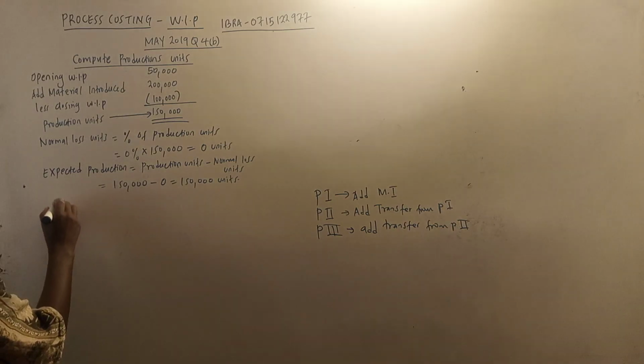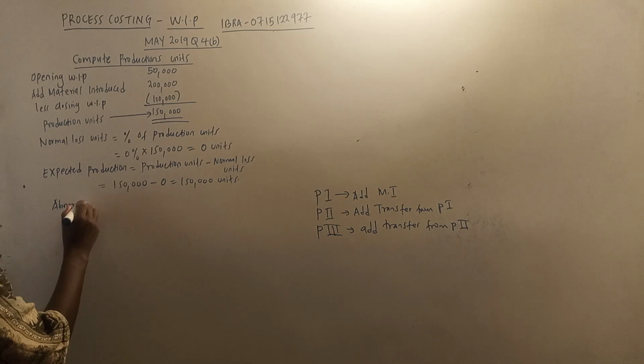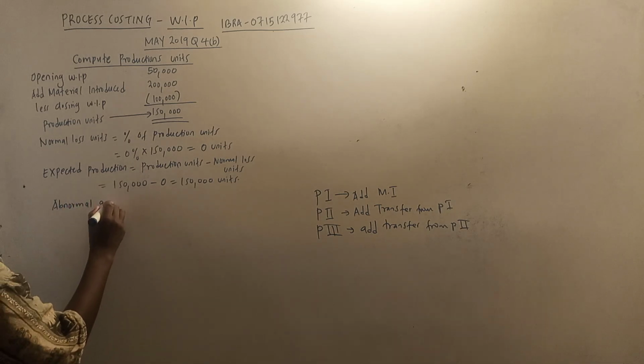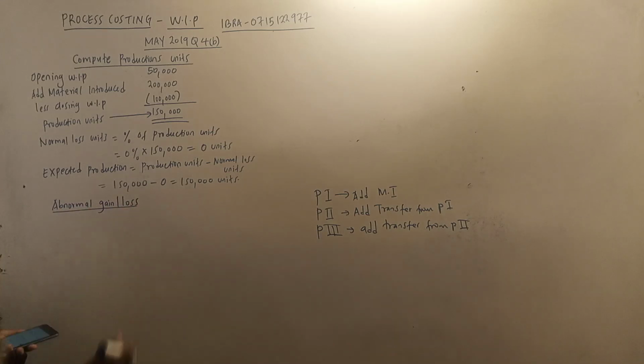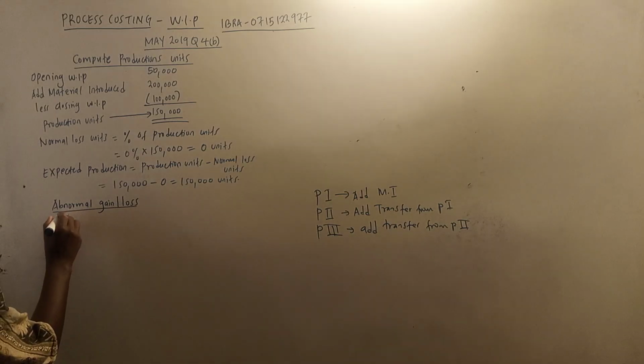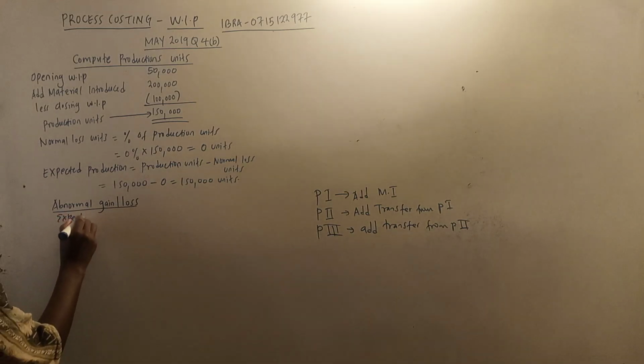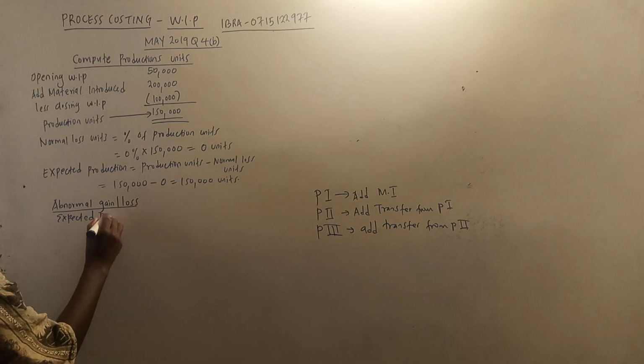Now, how do you compute abnormal gain or loss? For you to compute abnormal gain or abnormal loss, you compare expected production with actual. So let us compare expected production.